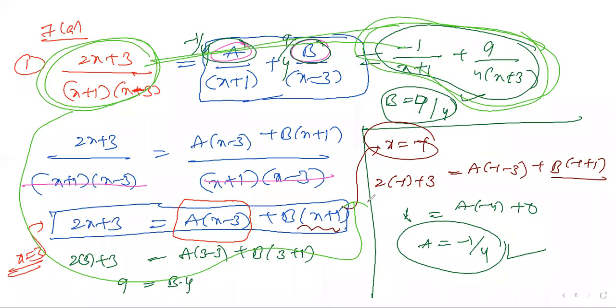This is the fraction, and we cannot determine it directly. If you take the LCM of minus 1 and 9, you'll get the answer 2x plus 3 only. That is only what we are dividing, and that is why your answers are correct. The basic models we are working over here. Next, we'll go to the second question.